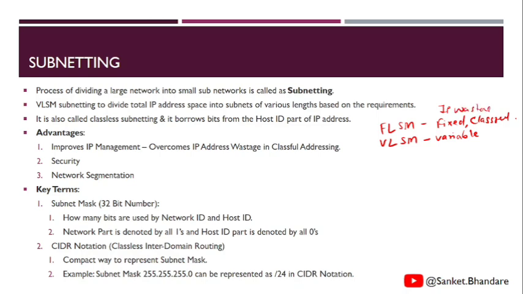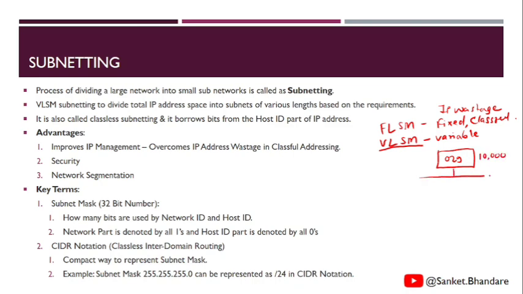That is where VLSM came into the picture, and your total IP address space gets divided into subnets of various lengths based on requirements. Your organization may have, let's suppose, 10,000 IPs.